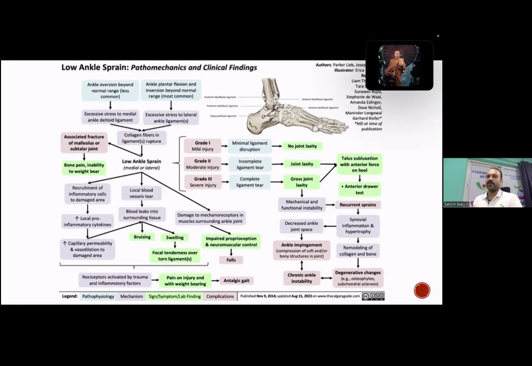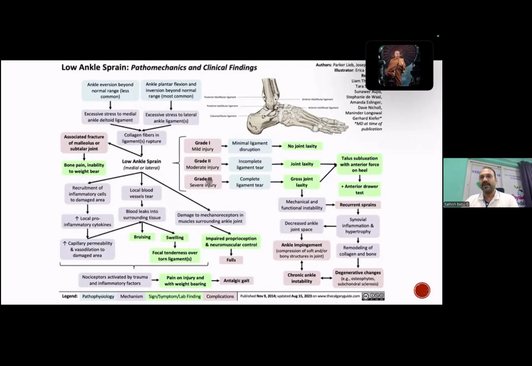Subluxation is a terminology used by Mulligan or any method of physiotherapy. Similarly, chiropractic and osteopathy have different terminologies for the same thing. So when you do an anterior drawer test and there is a subtalar subluxation, it will show positive. That will lead to recurrent sprain. So the anterior drawer test is positive.